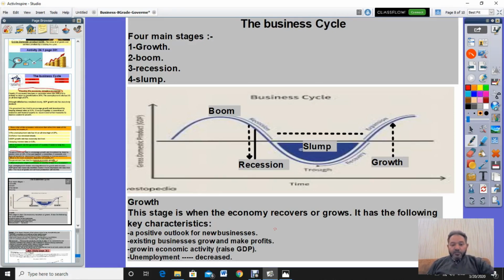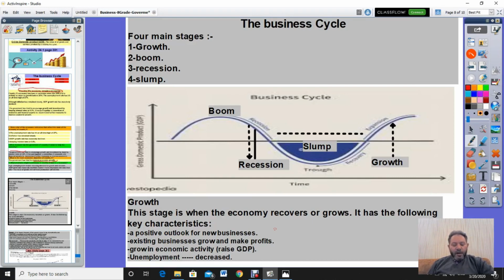Third, growing economic activity, so we are looking to raise the GDP. And fourth, unemployment will decrease. These are the 4 characteristics that can be found in the growth stage, the first of the 4 main stages of the business cycle.